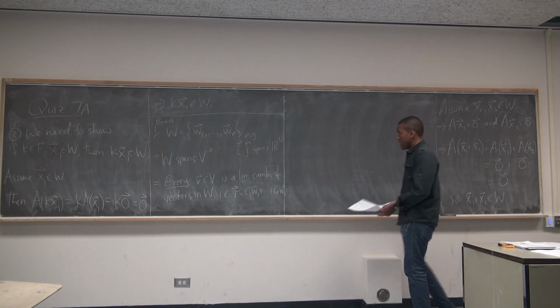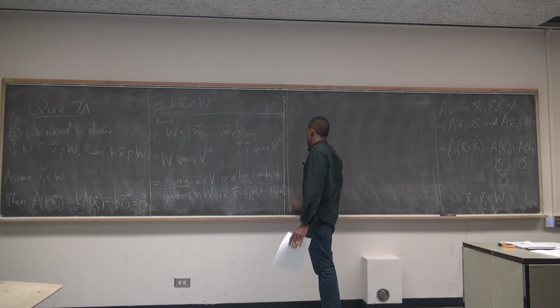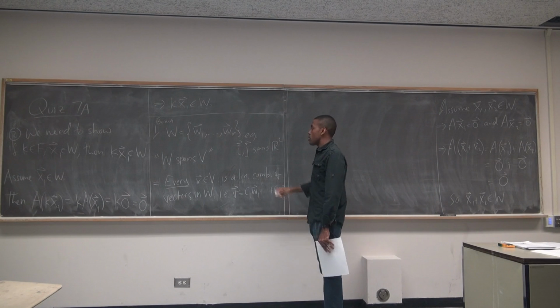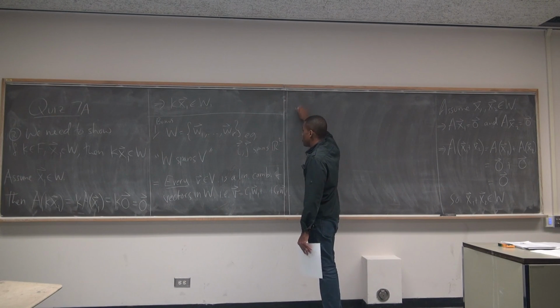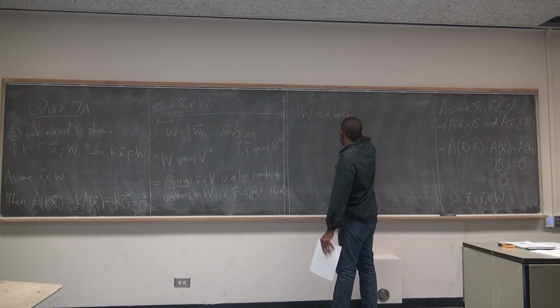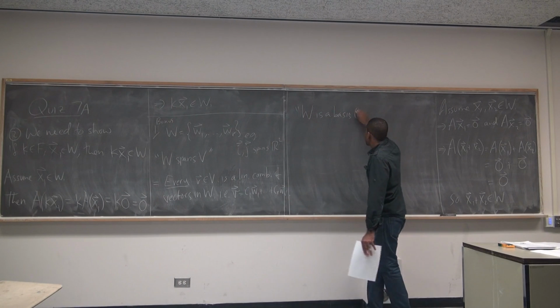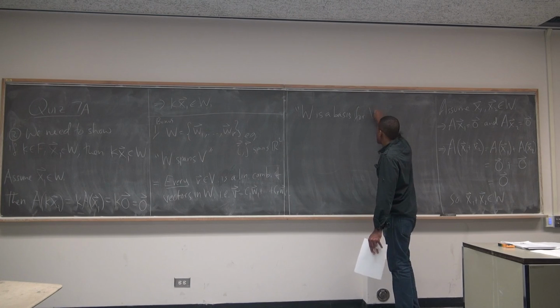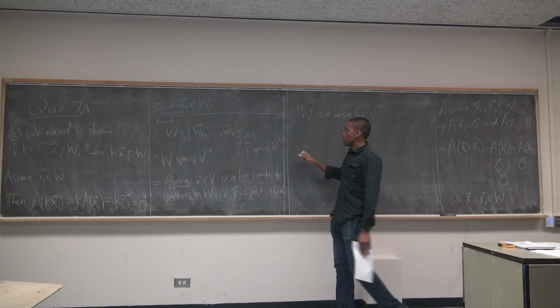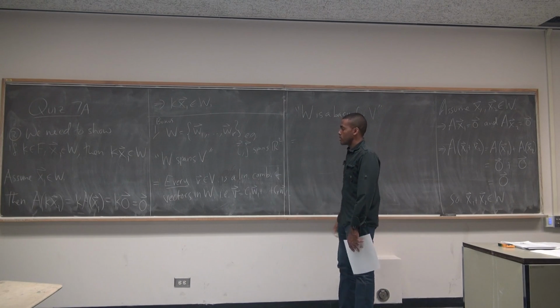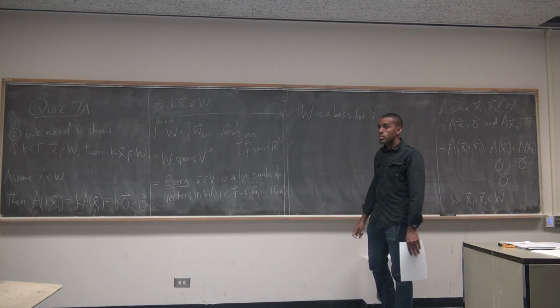In fact, I and J go even further. They don't just span R2. They actually form a basis for R2. So when we said that W is a basis for V, what did that mean? It means it's linearly independent and you have to span.